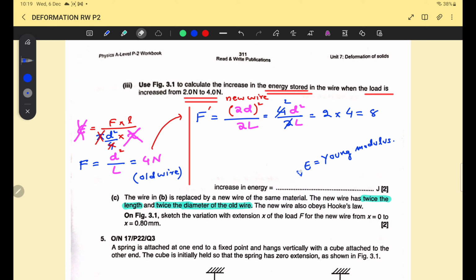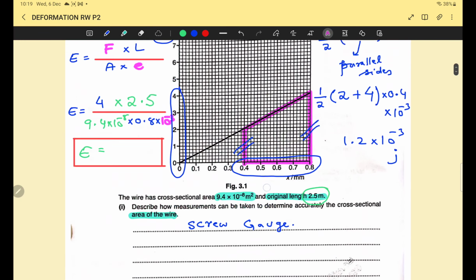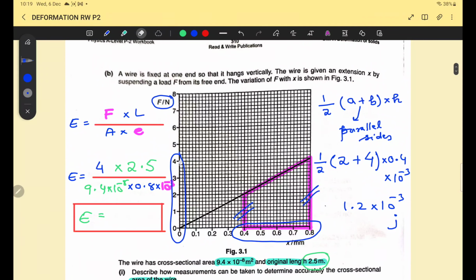It means when the new wire is used, for extension 0 to 0.8 millimeter, the force value will be 8 Newton. So I am going to draw the graph from 0 Newton to 8 Newton.